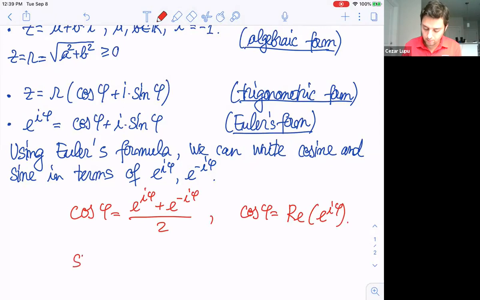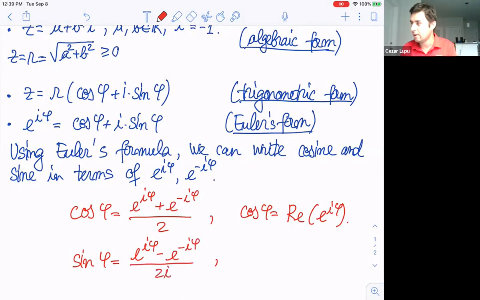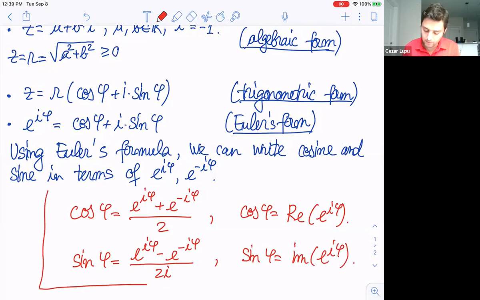And then the sine of phi can also be expressed in almost the same way. This will be e to the I phi minus e to the negative I phi, everything over 2i. And again, this sine of phi will be the imaginary part of e to the I phi. So these are the formulas.